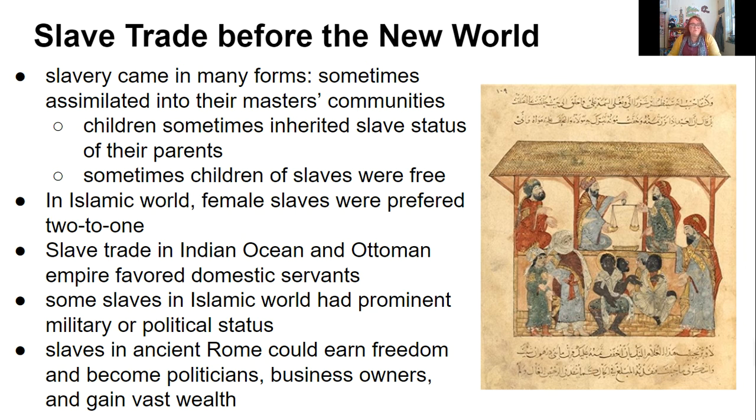Slaves in ancient Rome could also earn their freedom and become politicians and business owners and gain vast wealth. So slavery throughout time, up to the transatlantic or transoceanic empires, was not new, but in most cases you could also get out of slavery.